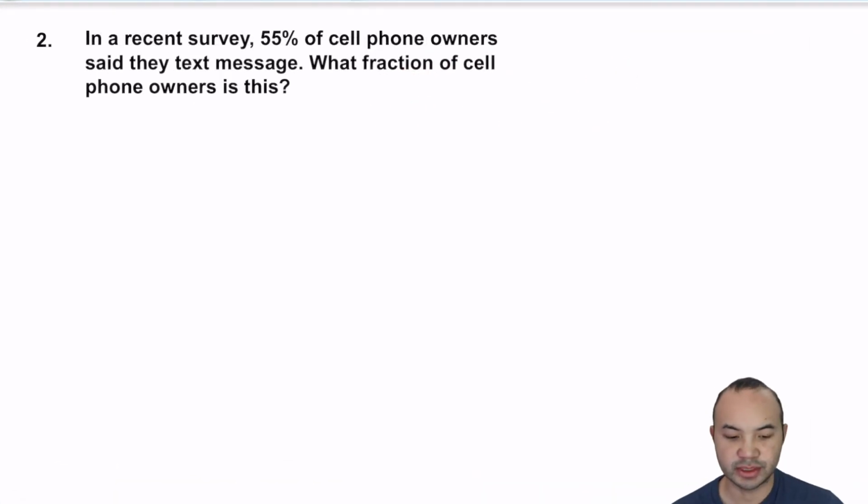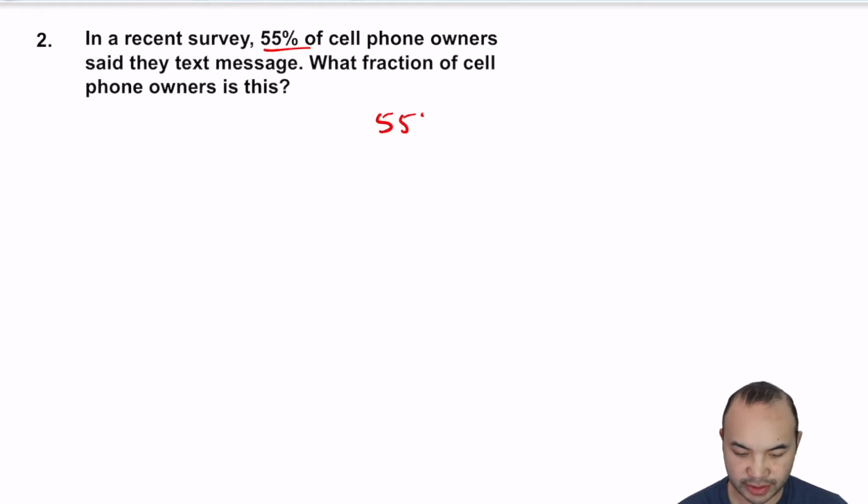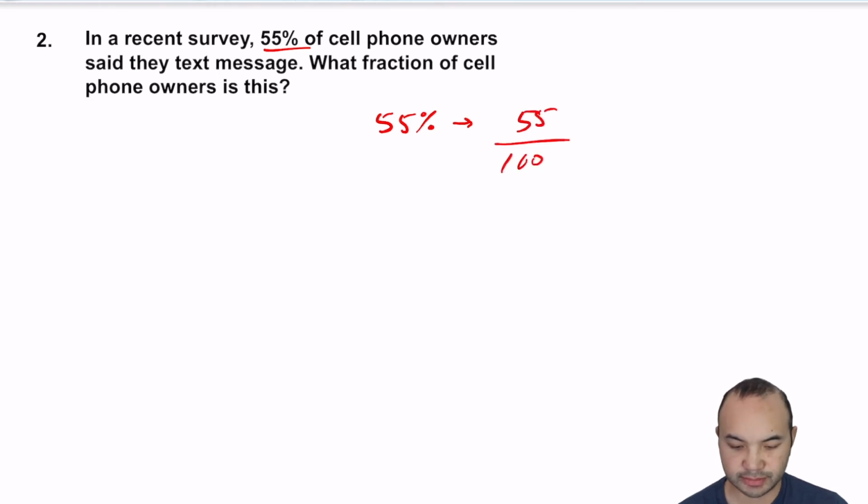Another example here, a recent survey, 55% of cell phone owners said they text. What fraction of cell phone owners is this? So same thing, you have 55%, and percent means over 100, so 55 over 100. And sure, you could just say 55 over 100.